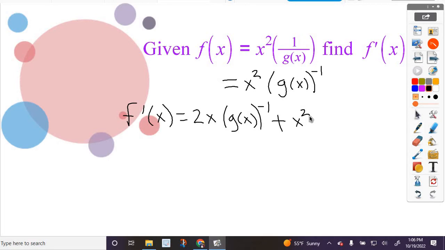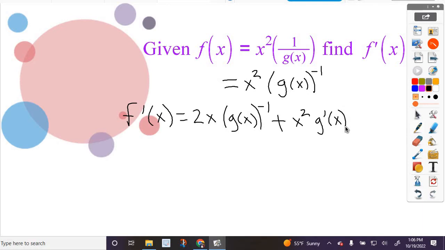And now we're going to take the derivative of the second one, except I have stuff inside of other stuff. Yes? Okay? So remember, I need to take the derivative of the inside. So what is the derivative of the inside? There you go. So g prime of x. Because I don't know what g of x is, so I'm going to leave it as g prime.